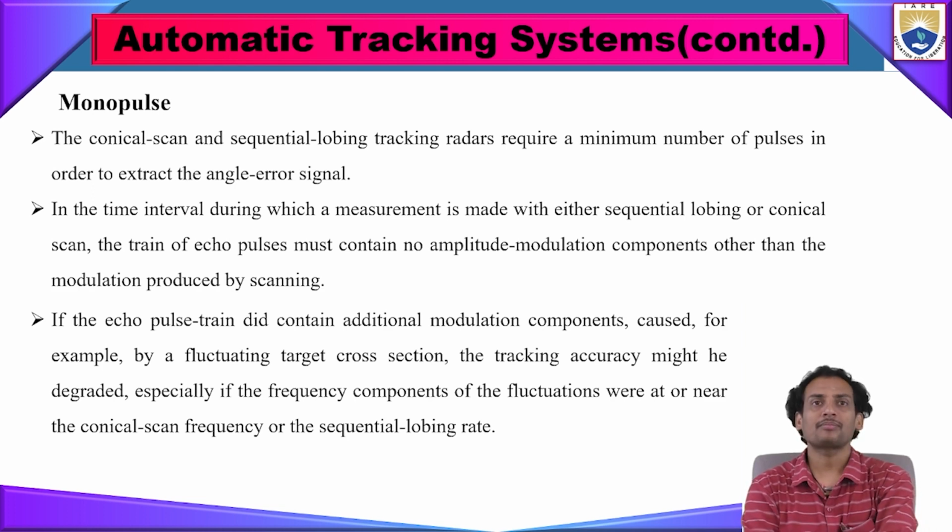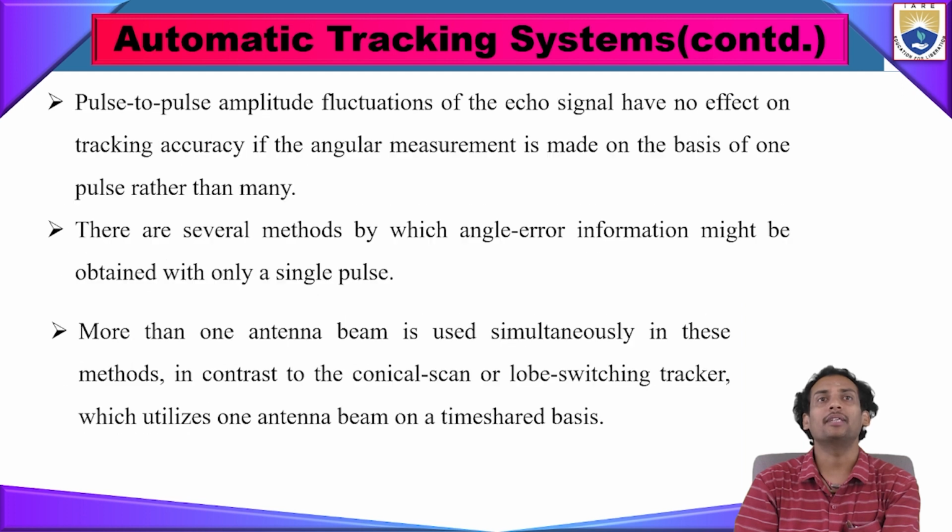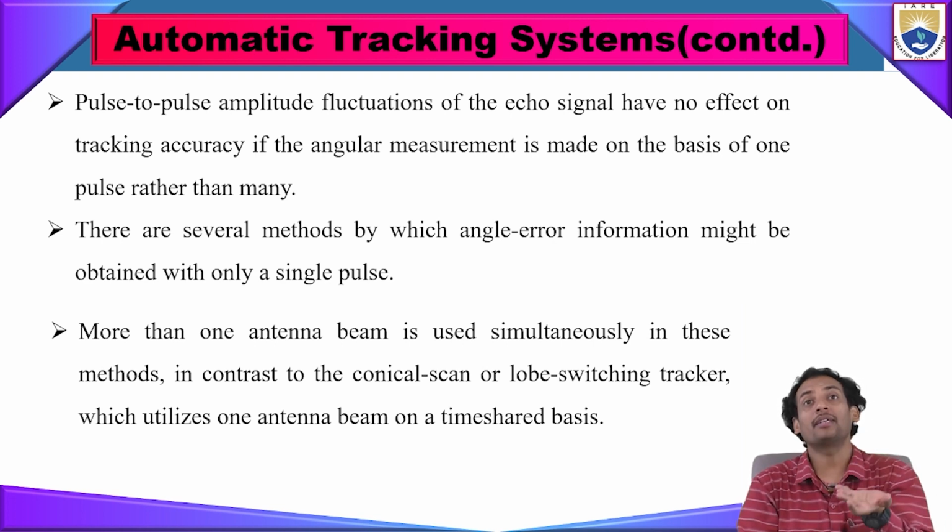If the echo pulse train did contain additional modulation components, for example a fluctuating target cross section, the tracking accuracy might be degraded, especially if the frequency components of the fluctuations were near the conical scan frequency or sequential lobing rate. Pulse to pulse amplitude fluctuations of the echo signal otherwise have no separate effect on tracking accuracy.